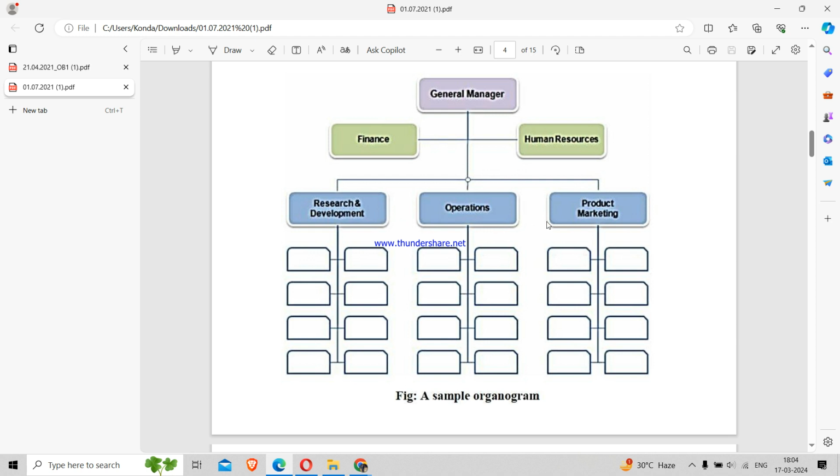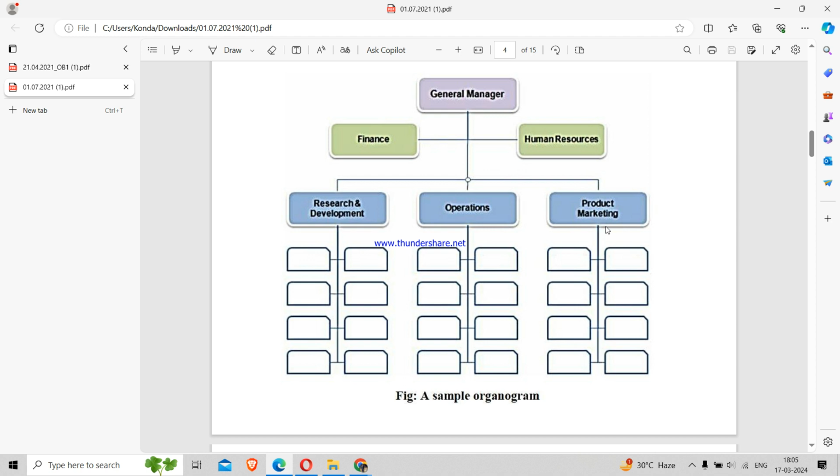Under those sub parts there will be certain marketing heads. Suppose in product marketing there may be some persons involved, which will involve the advertisement agencies and all those things, so they will come under product marketing.